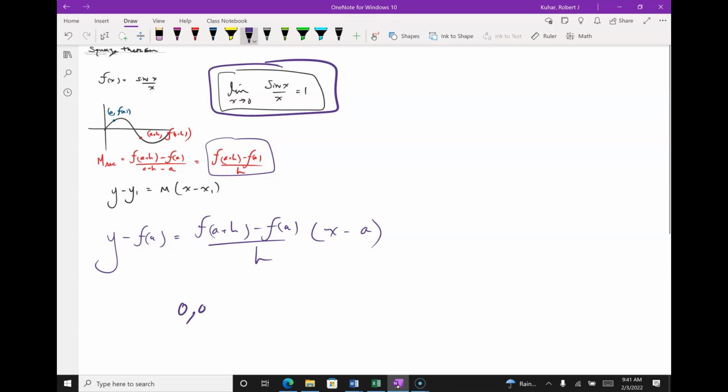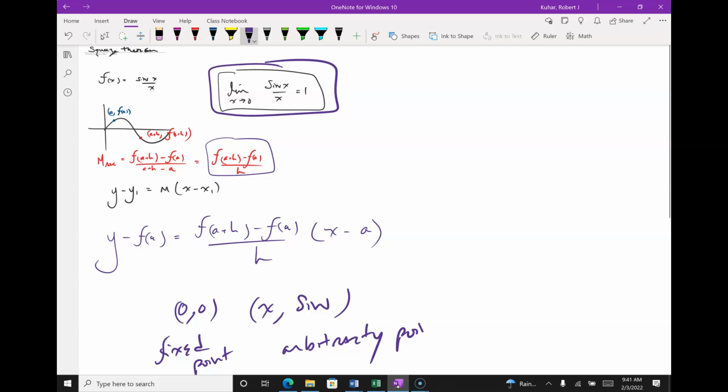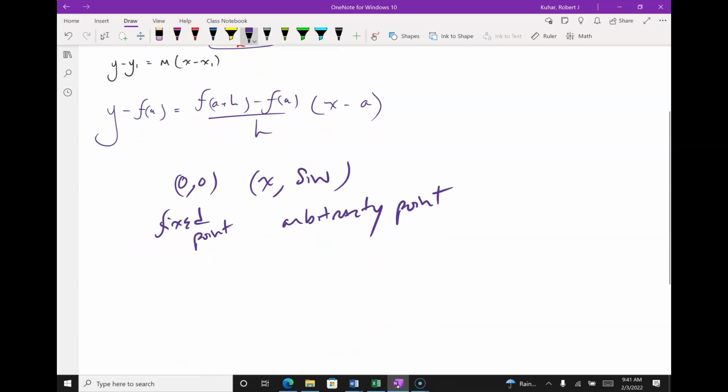If 0, 0 is my fixed point, and x comma sine of x is my arbitrary point, what's my slope?